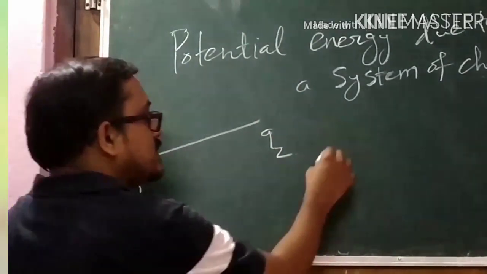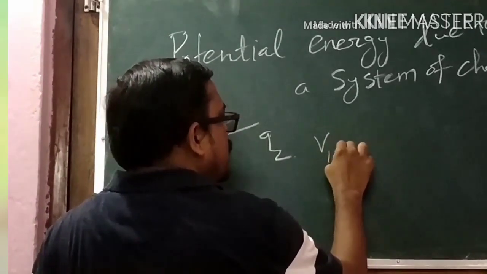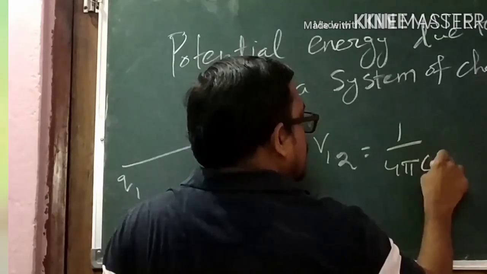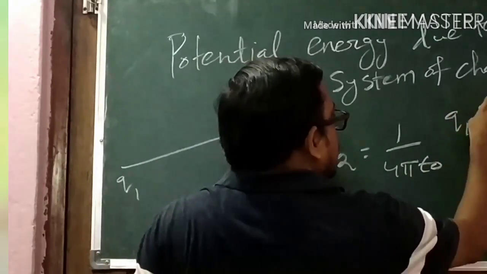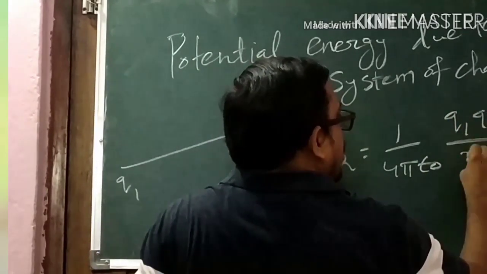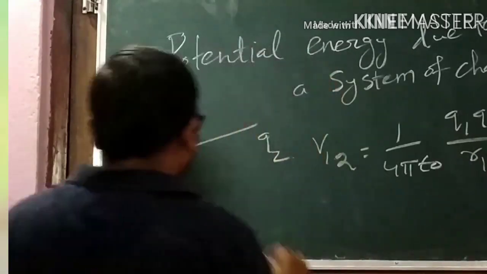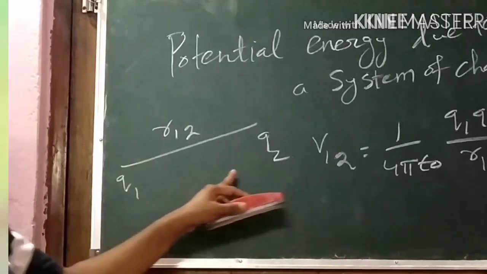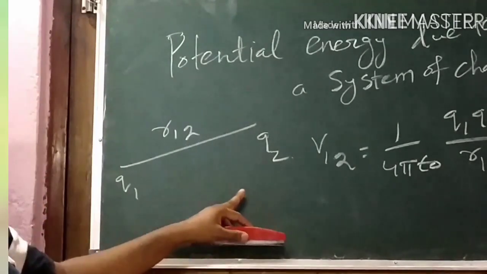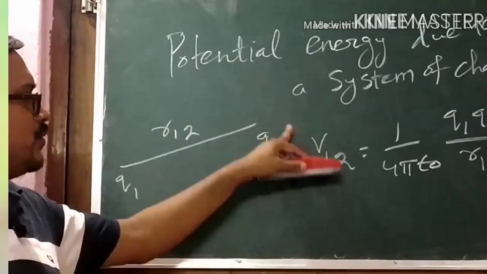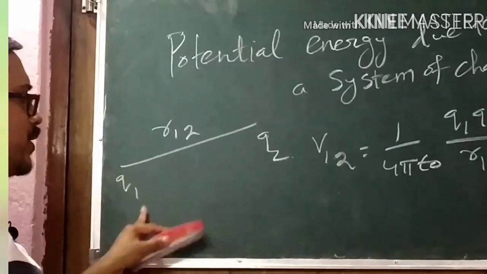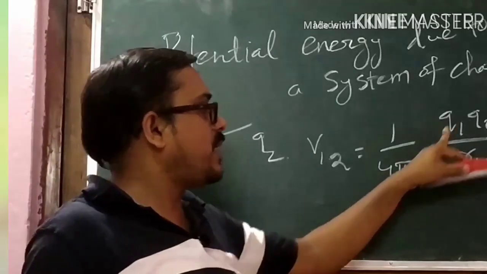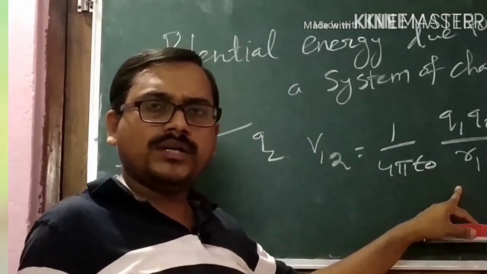So we can write V12 will be equal to 1 by 4 pi epsilon 0 Q1 Q2 by R12. This R12 is the position vector between Q1 and Q2. So here we have calculated the potential of Q2 due to Q1, V12, equal to 1 by 4 pi epsilon 0 Q1 Q2 by R12.